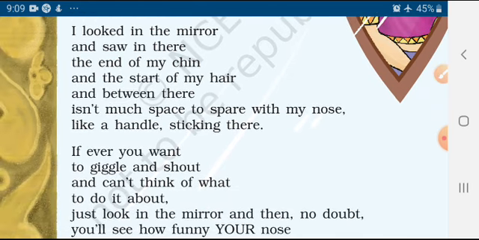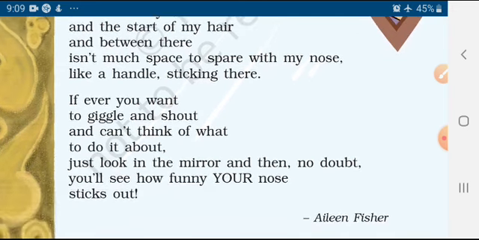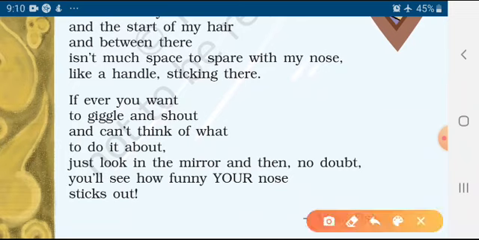If ever you want to giggle and shout and can't think of what to do about, just look in the mirror and then, no doubt, you will see how funny your nose sticks out. We have read the last stanza also, but we are going to repeat it again.